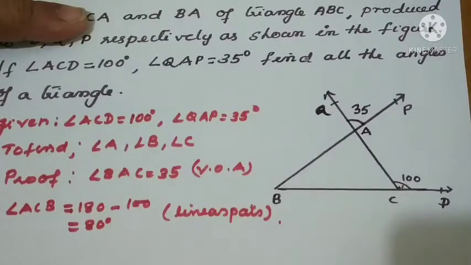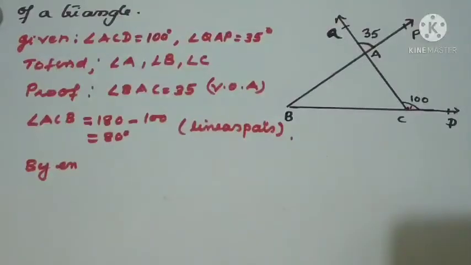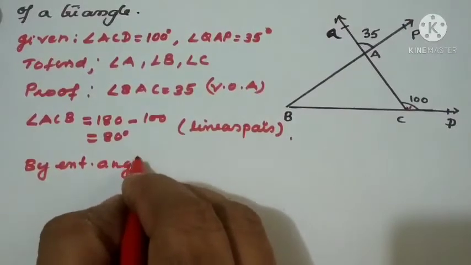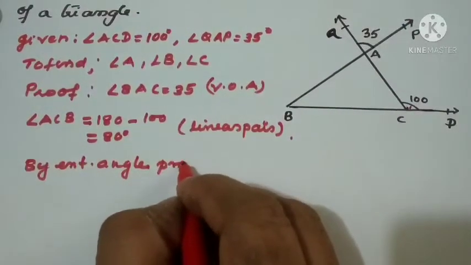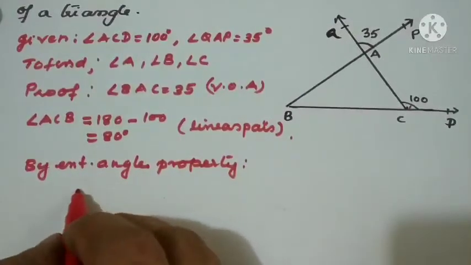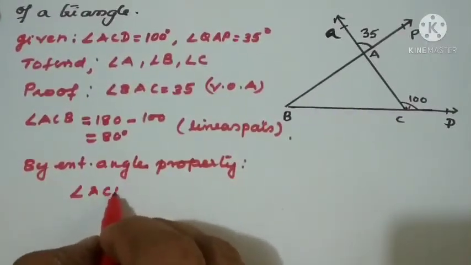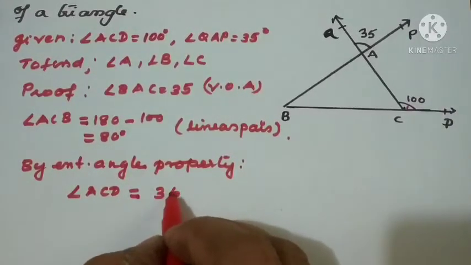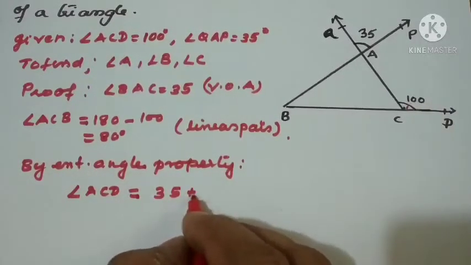Now we can apply the exterior angle property. By exterior angle property, angle ACD equals 35 plus angle ABC.